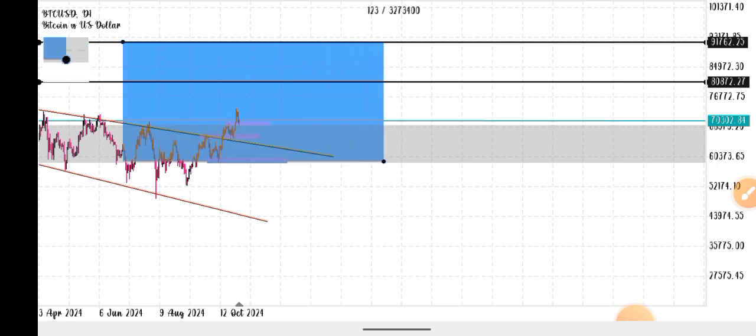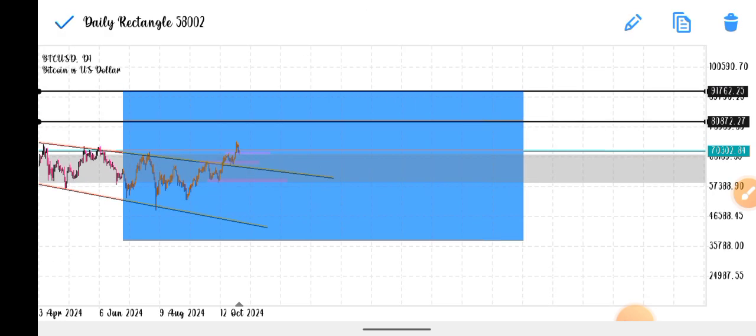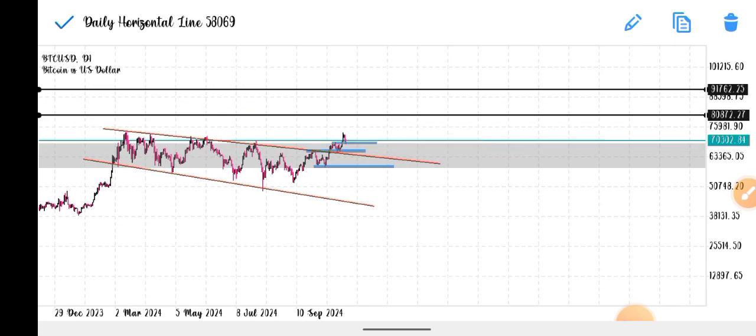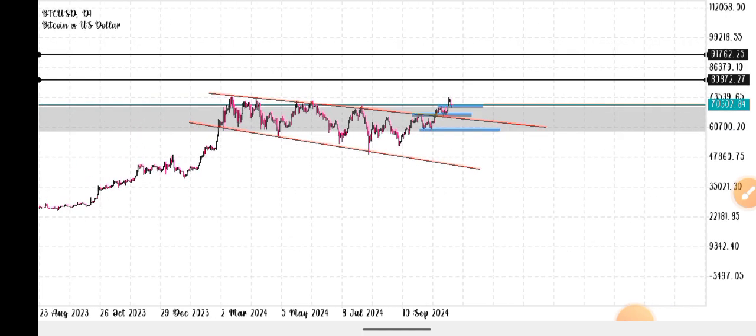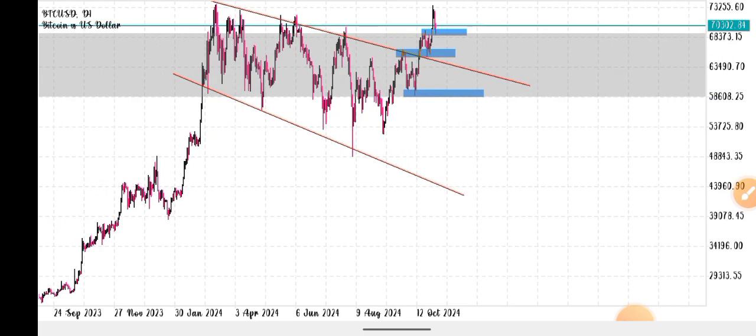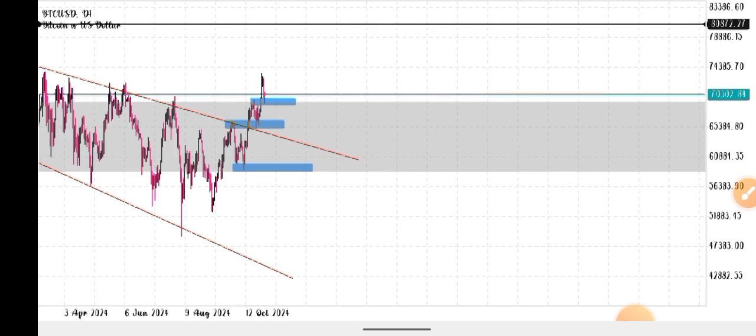Yes, so this is what price is going to do. BTC is going to 80,000 first of all, then 91,000, right? So how do you maximize this move to 80,000 and 91,000?